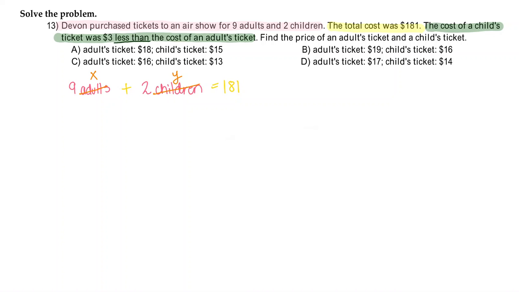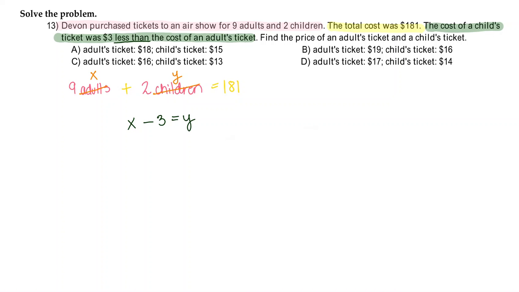So 3 less than the cost of an adult's ticket, which is X. What was 3 less than the cost of an adult's ticket? It was the cost of a child's ticket, which is what we have for Y. So X minus 3 is going to equal Y, or Y is going to equal X minus 3. Doesn't matter which way you put it.